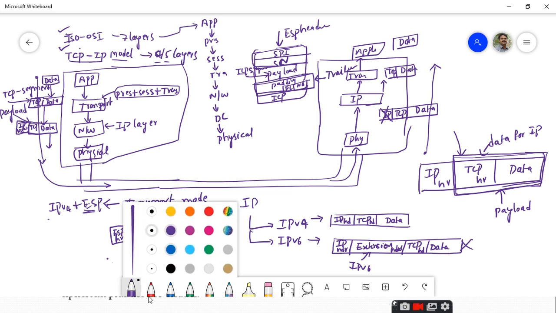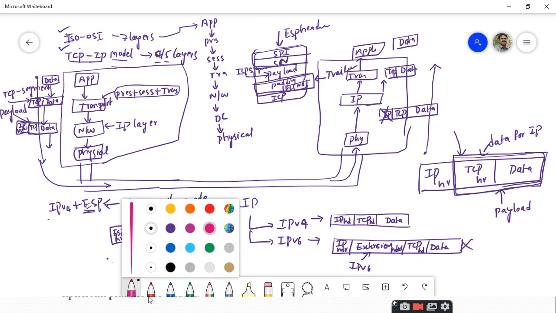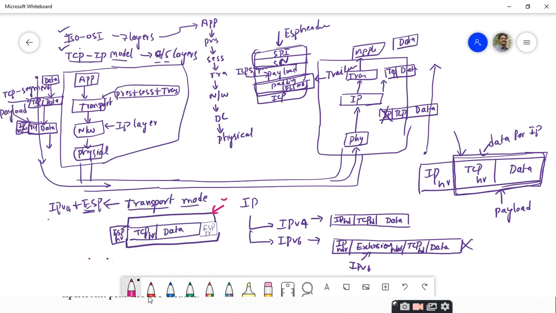This is where you are going to have the security or encryption. So the TCP encrypted part, this is very important. This is the difference between the transport mode and the tunnel mode.